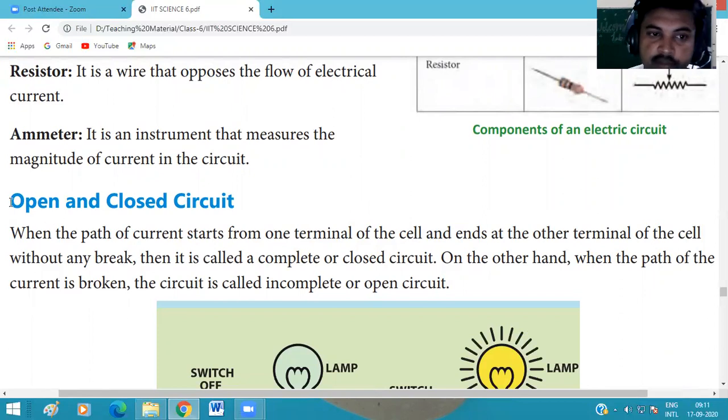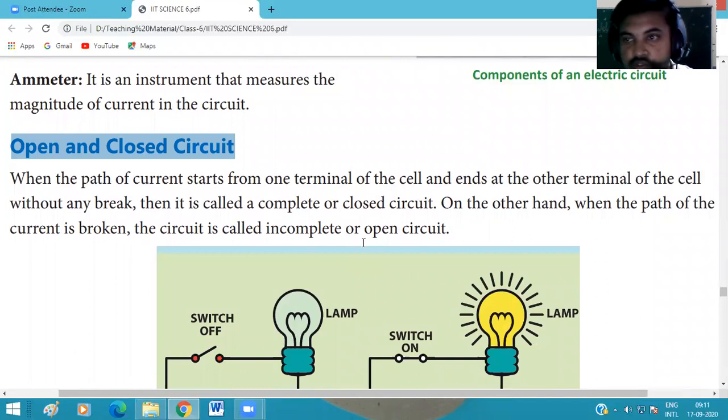Then we continue with the same chapter from the next topic, open and closed circuit. There are two types of circuit we generally use: open and closed. An open circuit means the circuit when the switch is off.